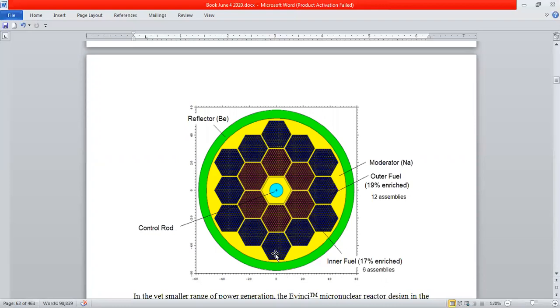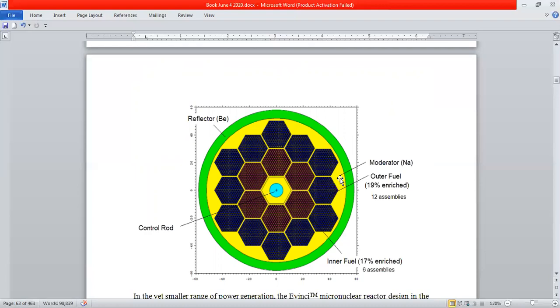So that's just over 3 feet, so less than 4 feet. So you're looking at this and see there's a control rod in the center, the light blue color, and the yellow region is the matrix that it's in. It's the moderator, which is sodium.